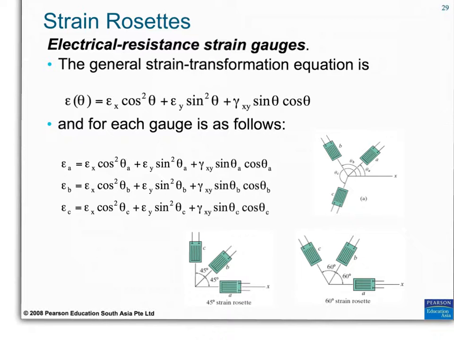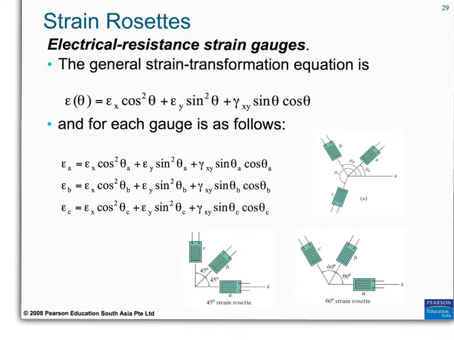A very useful equation that we have is this general strain transformation equation, which comes from the transformation of strain equations that we looked at previously. What this equation allows us to do is, for any state of strain, so strain in the X, strain in the Y direction, and the shear strain in the X and Y direction, we can use this equation to find the normal strain at any orientation to this x-axis.